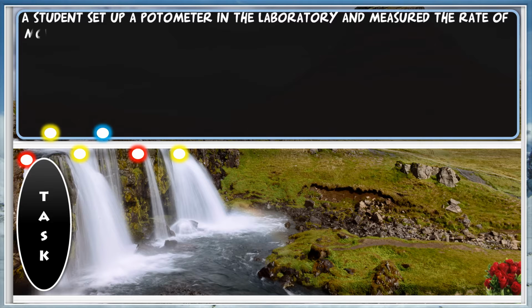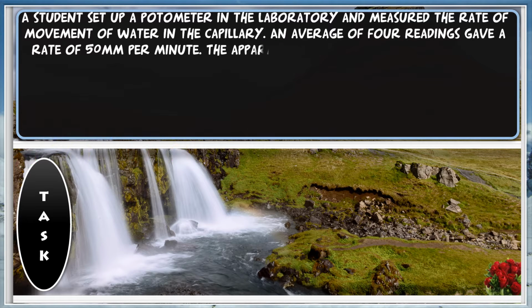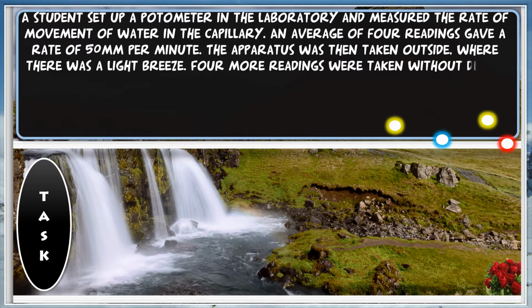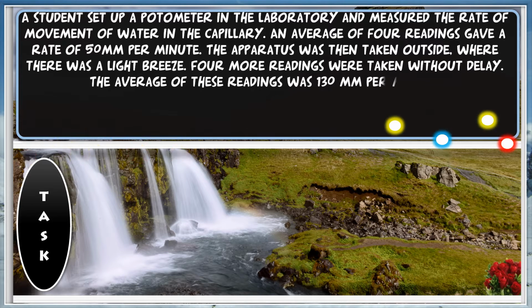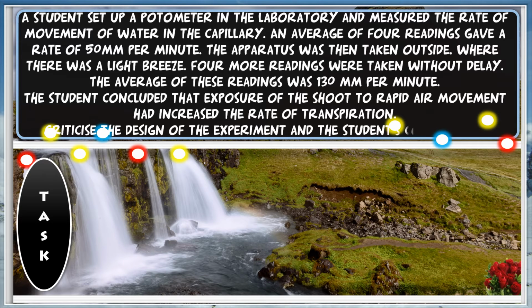A student set up a potometer in the laboratory and measured the rate of movement of water in the capillary. An average of 4 readings gave a rate of 50 millimeters per minute. The apparatus was then taken outside, where there was a light breeze. 4 more readings were taken without delay.